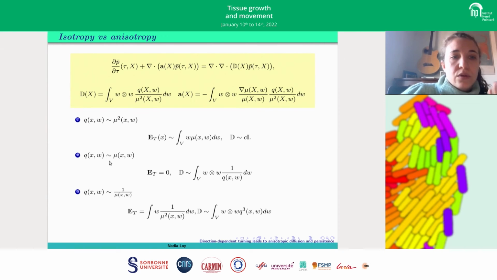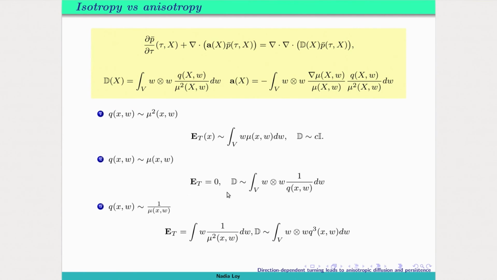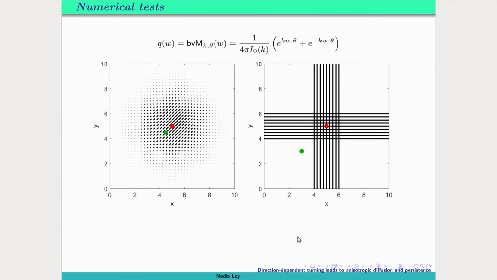While if Q is only proportional to mu, that is stronger here, then we have non-persistent walk. And in general, an anisotropic diffusion, while if Q is proportional to 1 over mu, then we have an even stronger anisotropy. So in order to visualize this, we consider some numerical tests.